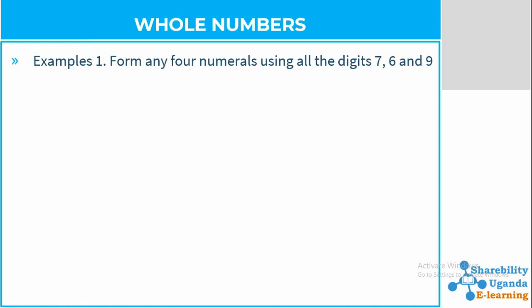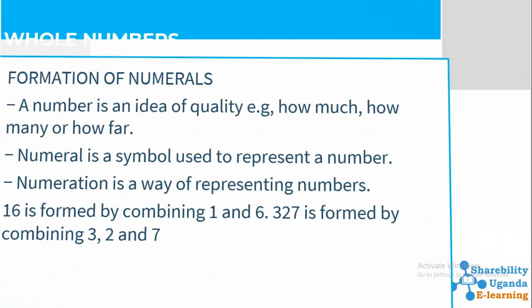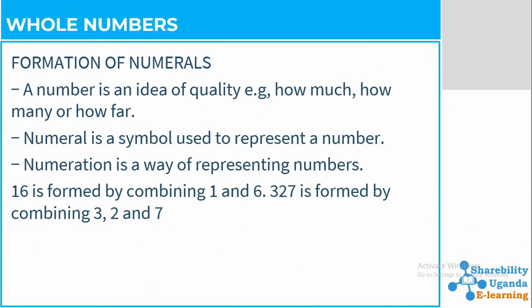So we shall now use our concept as we said up here: when we have 16, we saw that 16 is formed from combining 1 and 6. We also saw that 327 is formed from combining 3 as a digit, then 2 as a digit, then 7 as a digit.